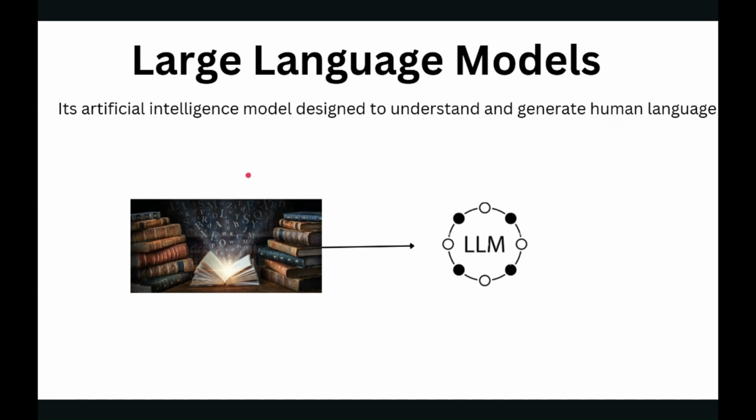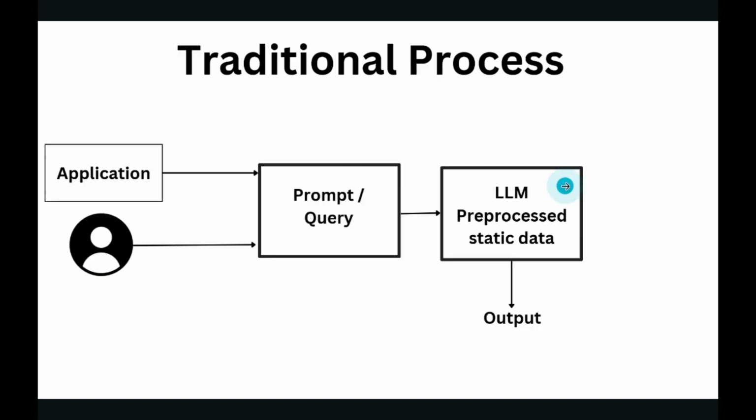So there is billions of data which will be processed and trained so that LLMs can give you human-like responses. The classical example of using the LLM is our ChatGPT, right? So let us go to the next slide to see some of the limitations of the LLMs.